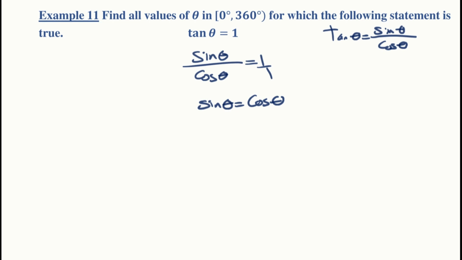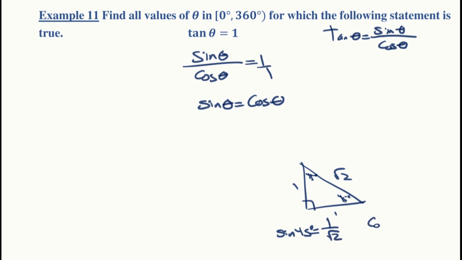Remember, the only angle we have discovered for which the sine and cosine are the same is a 45-degree angle, because we have considered this 45-degree angle. What's the sine of that 45-degree angle? It's going to be 1 over square root of 2, right?